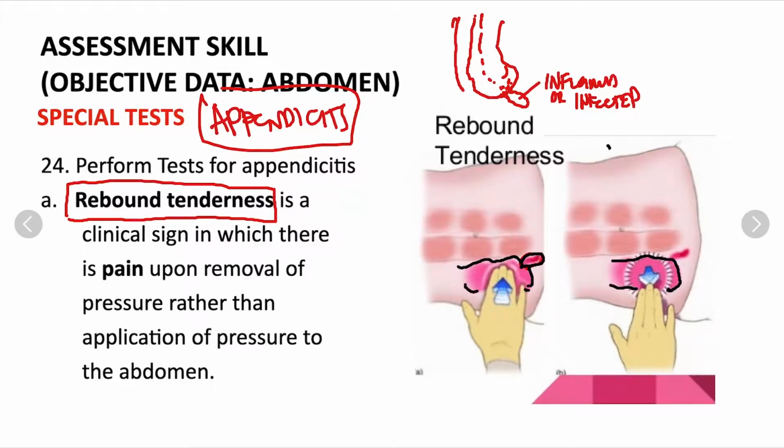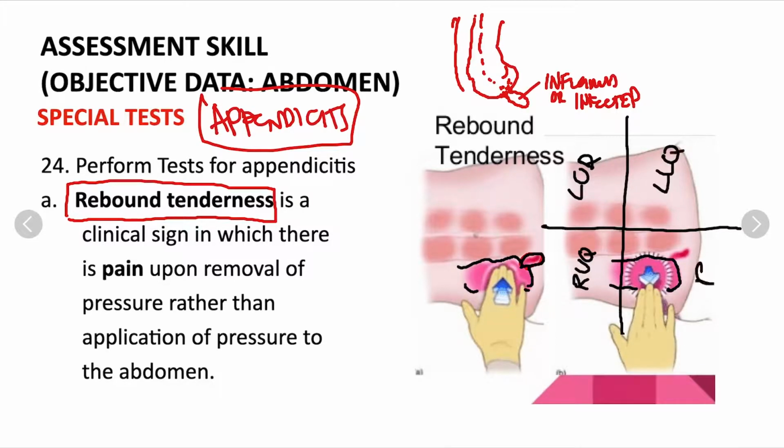Okay, if you're going to divide it, let me use the umbilical level as a reference. Right upper quadrant, left upper quadrant, left lower quadrant, and your right lower quadrant. Since your appendix is located at your right lower quadrant, you press down on the part of the colon in your right lower quadrant, and when you release it and the patient complains of pain, that is what you call rebound tenderness.